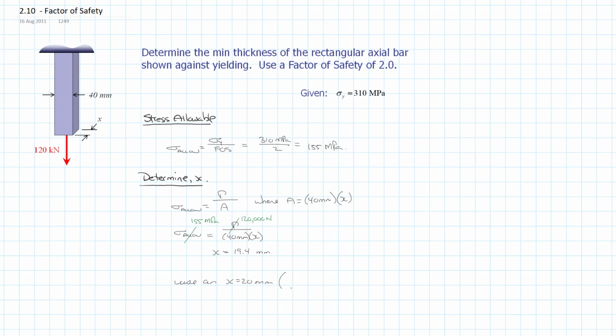Important there, it would be inappropriate to round down because you'd be getting smaller, in which case you'd be exceeding 155 megapascals, so you have to round up because that is more conservative. So we're going to round up for conservatism. And there we go.